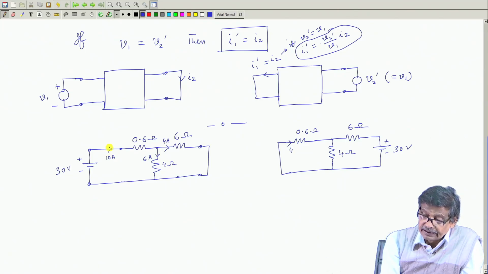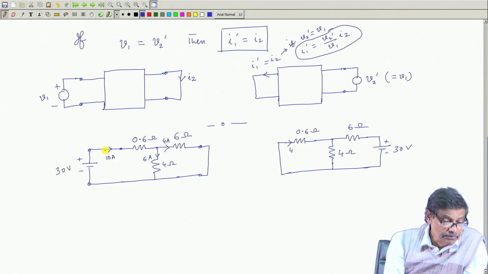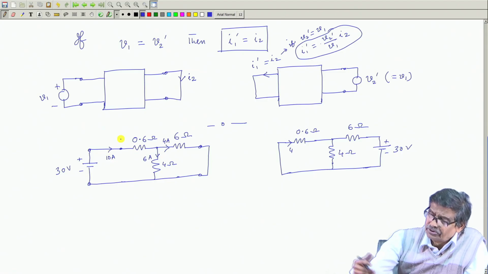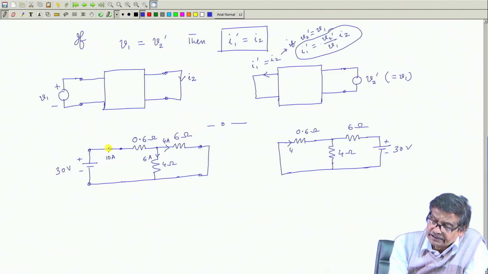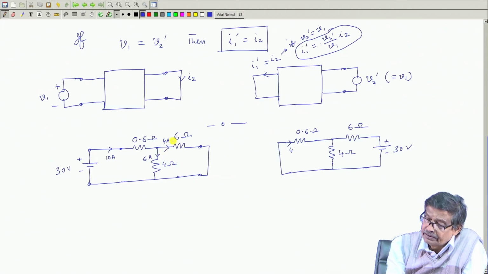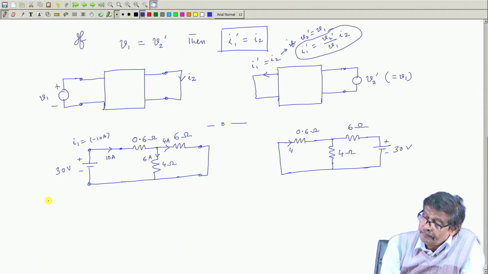Now, this current in this circuit, if I solve, how much will be this current? 10 ampere in this direction, forget about your Tellegen's theorem conventions. This will be the exact current: 10 ampere, 6 ampere, 4 ampere. Now, to be consistent with that, you can only say this is minus 10 ampere flowing into this. This is the value of I1.